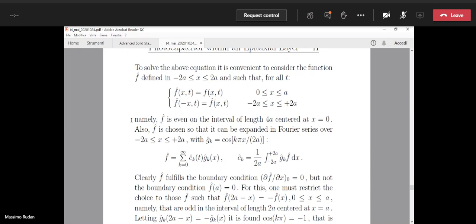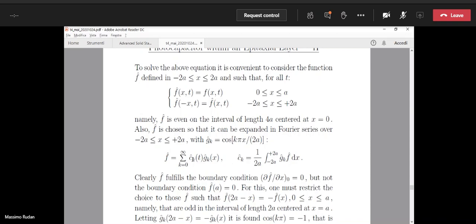So we know by construction that f hat can be expressed with some Fourier series that is shown here, in which the coefficients are only of the form of the cosine. So hat g is cosine of k pi x over 2a, where k is the index, it goes from 0 to infinity.